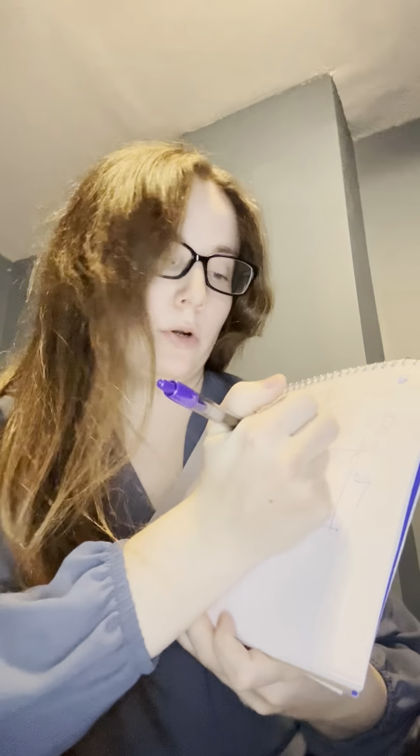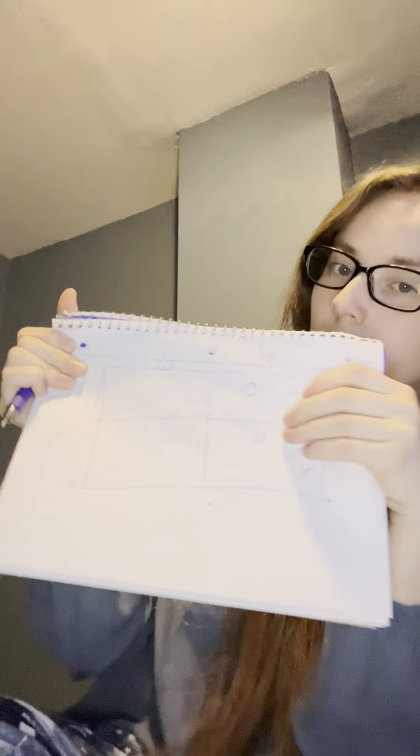What is 7 times 3? 21. So your 2 will go up here on top, and your 1 will go here on bottom. Remember, it's always the first number that will go on top, and the next number after that will go on bottom. Now, we're done with this quadrant.